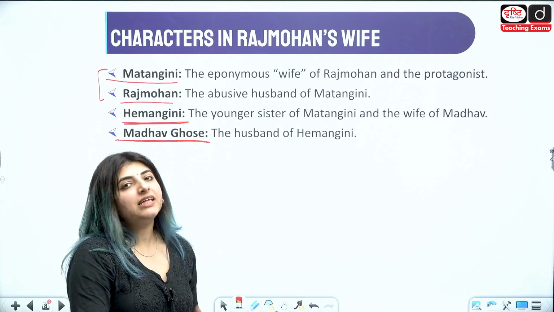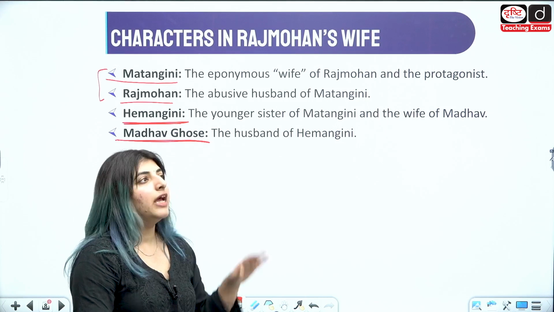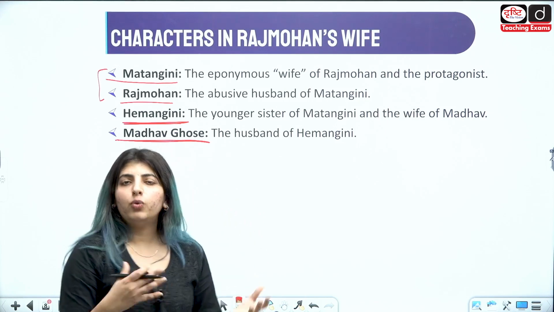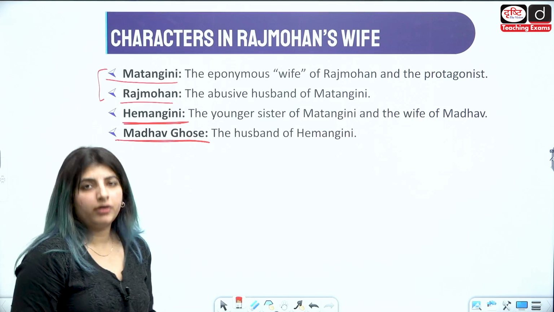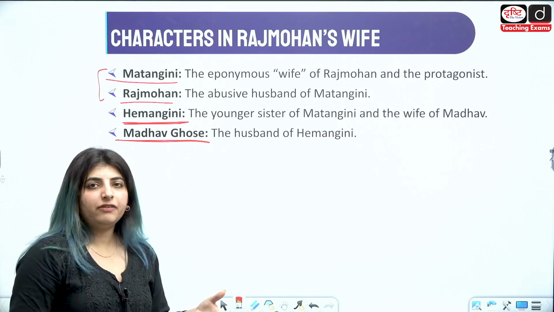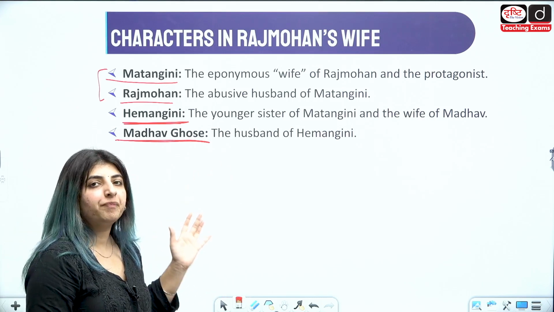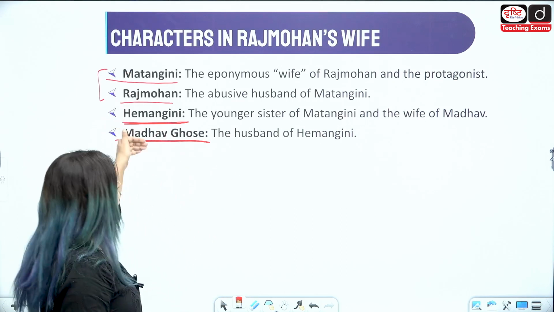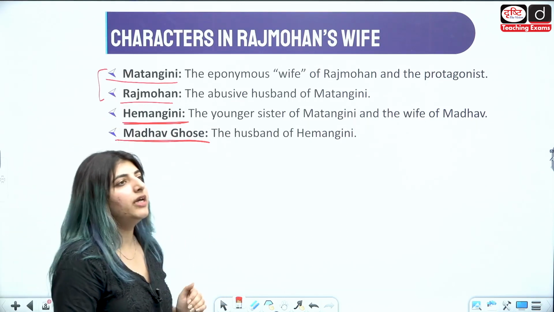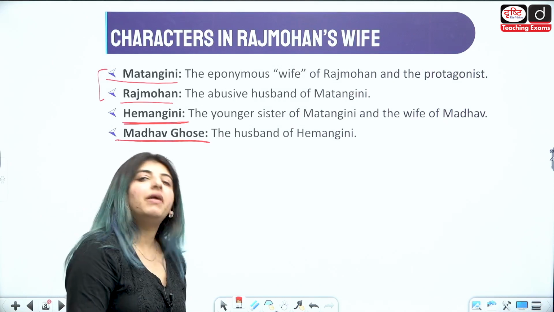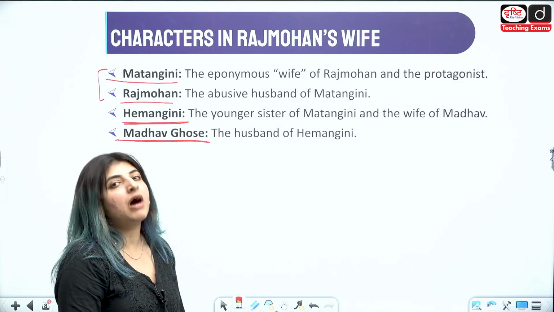So she asked अपनी younger sister को ही कि Madhav Ghose, who has gotten a fortune from a relative, तो ये financially stable हो गए अब, right? So Matangini बोलती हैं हिमांगिनी को कि please help my husband get a job through Madhav.